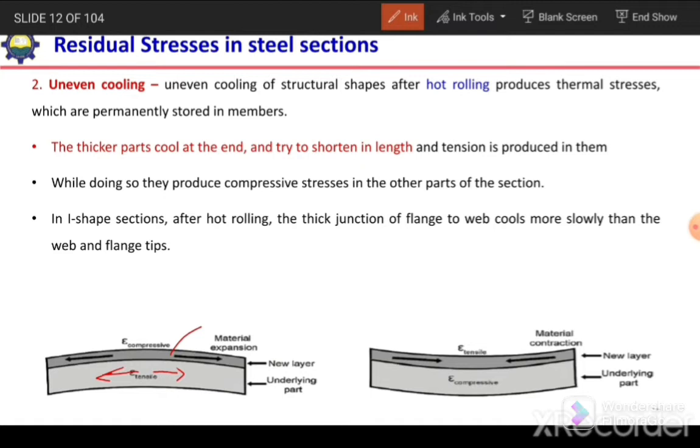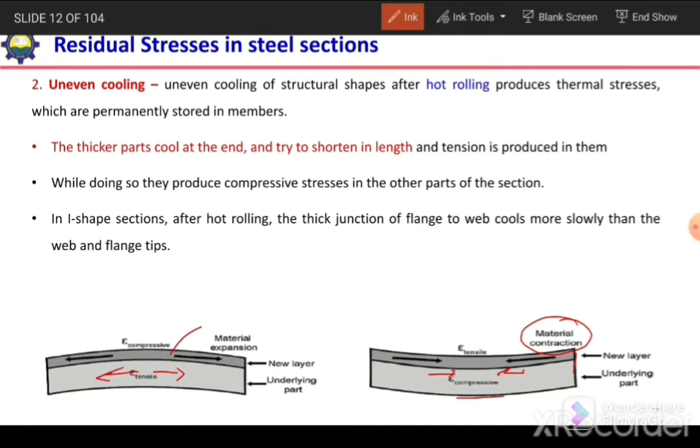Similarly, if the upper layer is contracting, and it is attached to the bottom layer and restrained on the ends, it will undergo tensile stresses. When this layer is contracting, it will try to compress the adjacent layer, and as a result the bottom layer will undergo compression, while the upper layer, which is shortening, will undergo tensile stress.